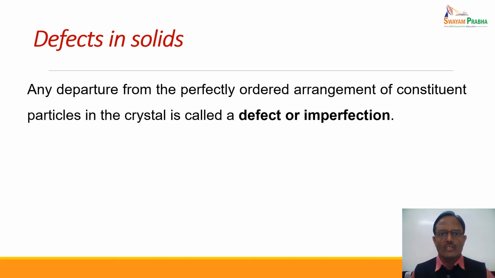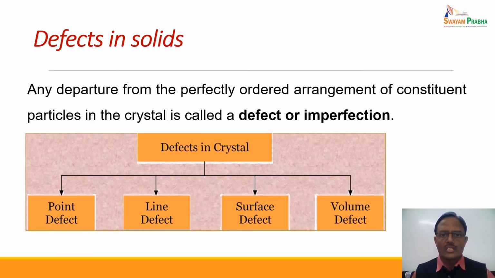Any departure from the perfectly ordered arrangement of the constituent particles, that is the ions or the atoms in a crystal, is called a defect or also called an imperfection. Now these defects in crystals can be classified into four types: point defects, line defects, surface defects or sometimes also called plane defects, and volume defects.